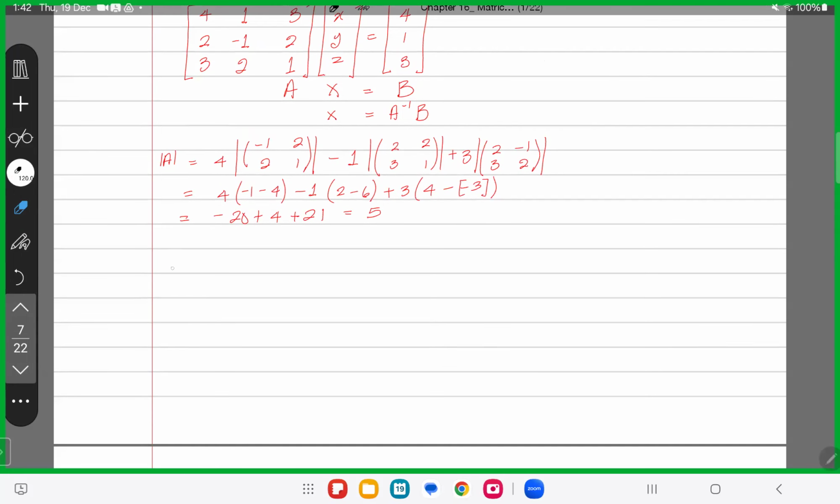First row. The sign convention is positive, negative, positive.